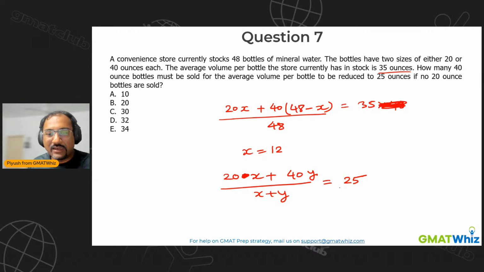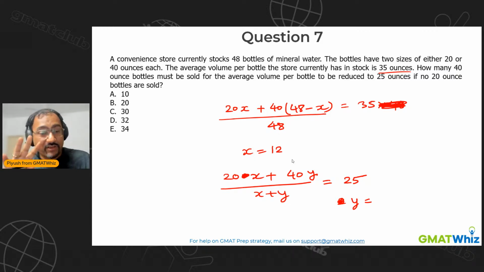I know X is 12, so I can replace the value of 12 here. So I'll get the value of Y from this, and then I can identify how many bottles were reduced. So that is one of the ways of solving this question. But that's a very regular, very classical way of solving this. You can solve it that way. If you want, I can show you the solution and everything.